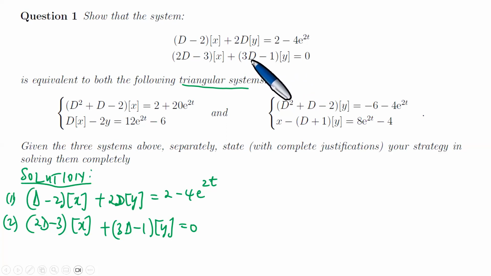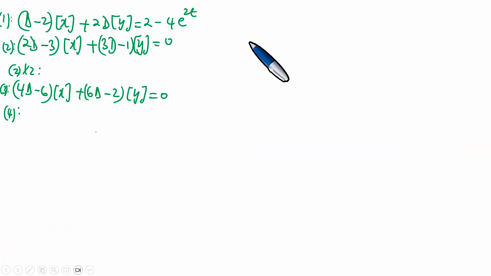We multiplied this one by 2, and therefore we just want to make these the same. So multiply by 2, multiply the top one by 3. So we're going to say equation 4. Obviously, equation 4 is the same as equation 1 multiplied by 3, giving us 3D, multiplying that one there, minus 6.